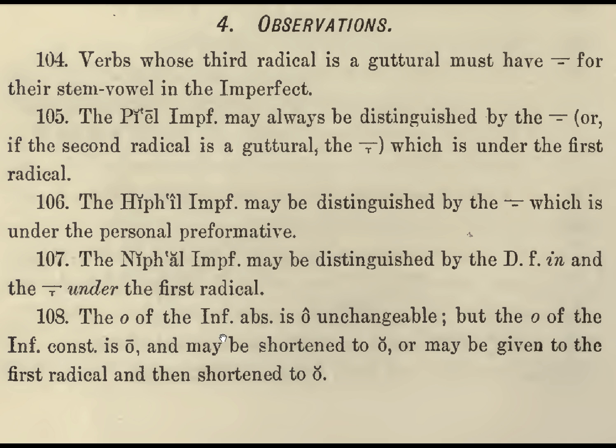The o of the infinitive absolute is o unchangeable. The o of the infinitive construct is o and can be shortened to o, or may be given to the first radical and then shortened to o.